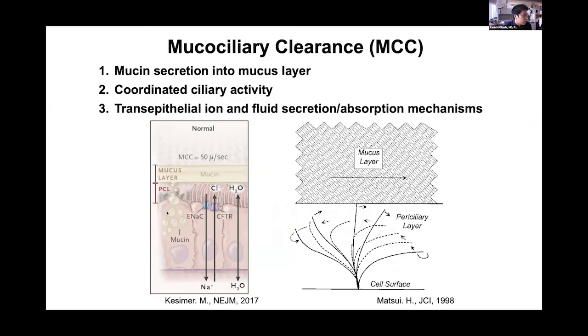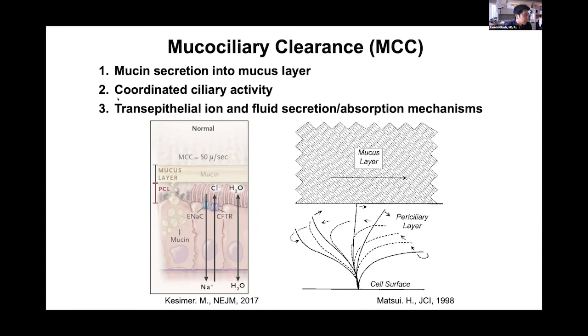The secretory cells or goblet cells produce mucin and secrete it into the mucus layer just above the airway epithelial cells. This can trap pathogens or chemical pollutants, remove them in the oral direction, and get rid of them from the body.